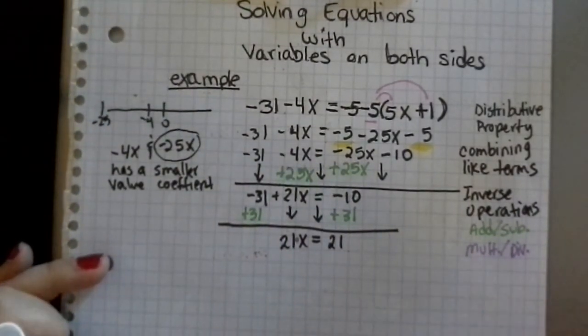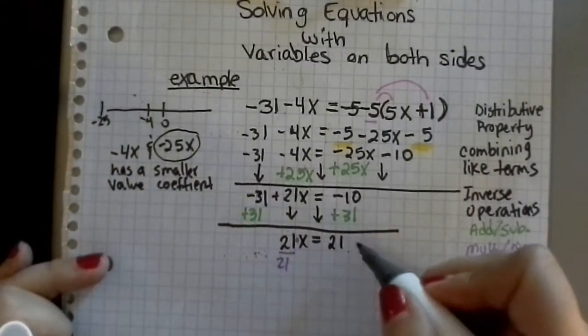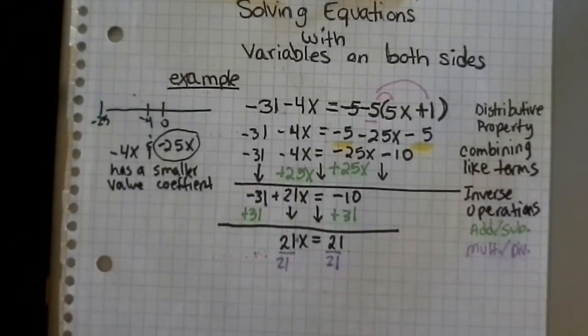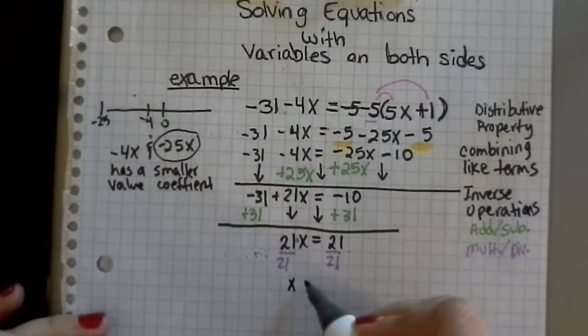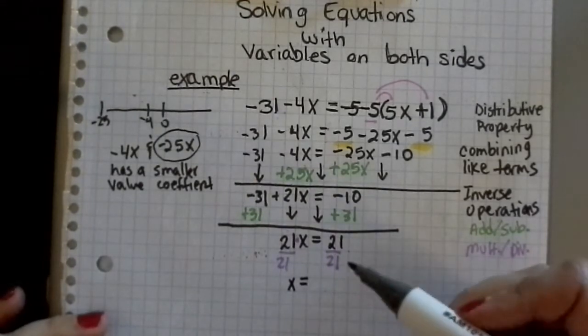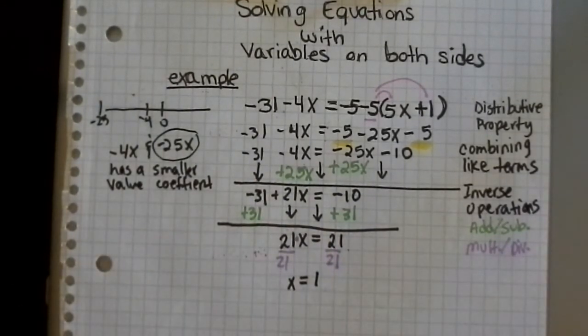So I'm going to go ahead and divide. And if I divide by 21, I get x, because 21 divided by 21 is 1, equals, and then 21 divided by 21 is just 1. So my answer is a positive 1.